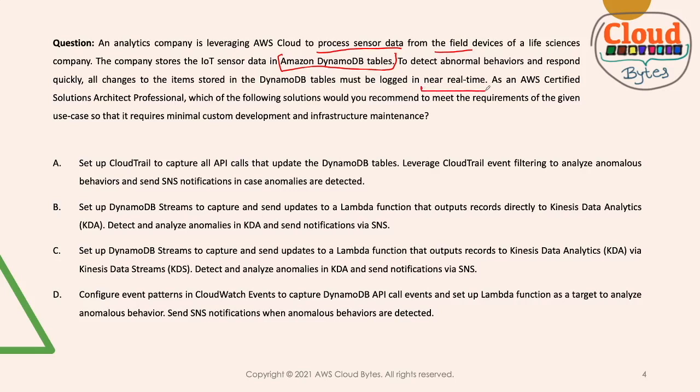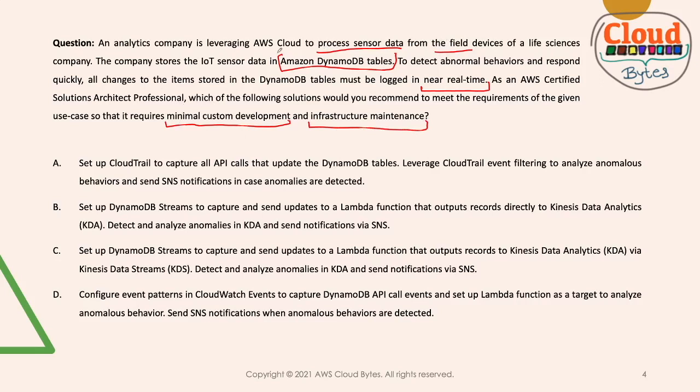So this is saying near real time. As an AWS certified solutions architect professional, which of the following solutions would you recommend to meet the requirement of the given use case so that it requires minimal custom development and infrastructure maintenance? So what are we looking for?